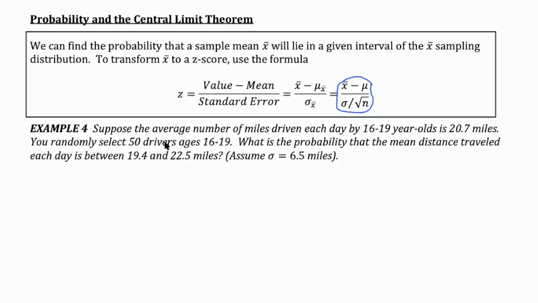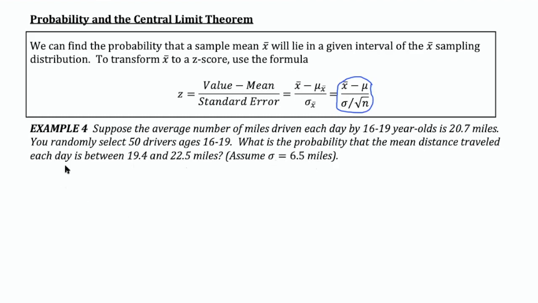So we're taking 50 drivers, we're recording how far they travel in a day, we're finding that average. And what is the likelihood that that average for the sample will be between 19.4 and 22.5? We're asked to assume that the standard deviation of the population is 6.5 miles.